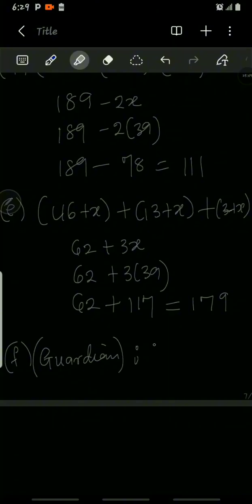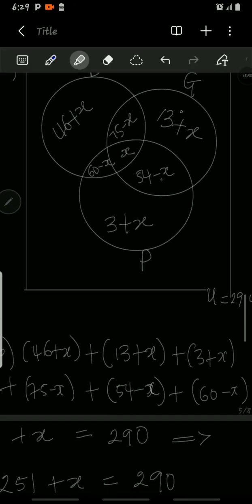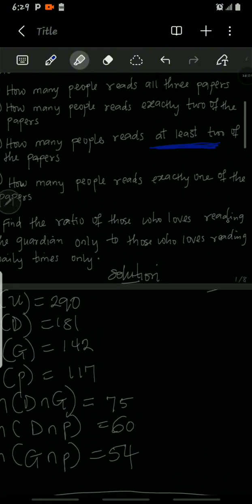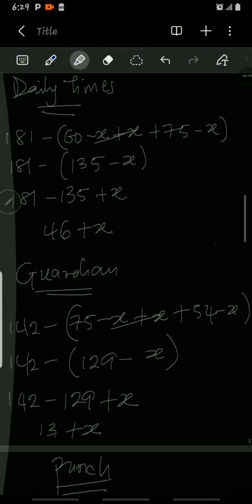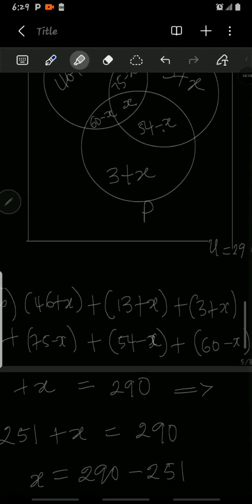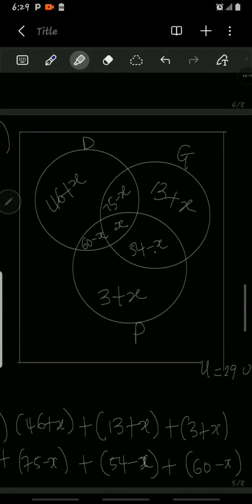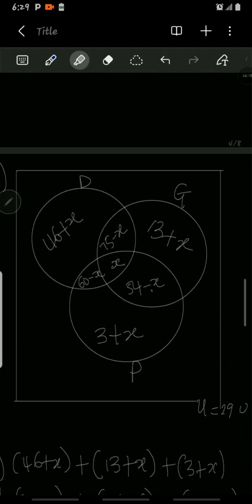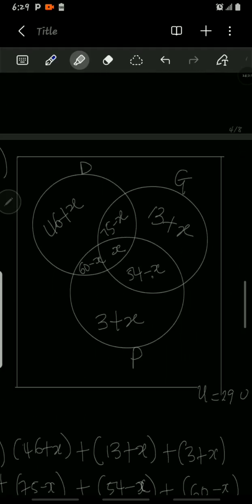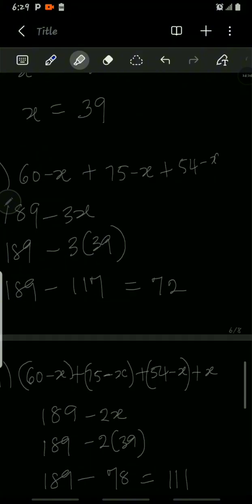Let me write that properly. Ratio Daily Times. And Guardian is Guardian only. They said Guardian only, right? So I'm picking only what is in Guardian now, which is 13 plus X. So it's going to be 13 plus X ratio Daily Times, which is 46 plus X. So basically we are doing division.